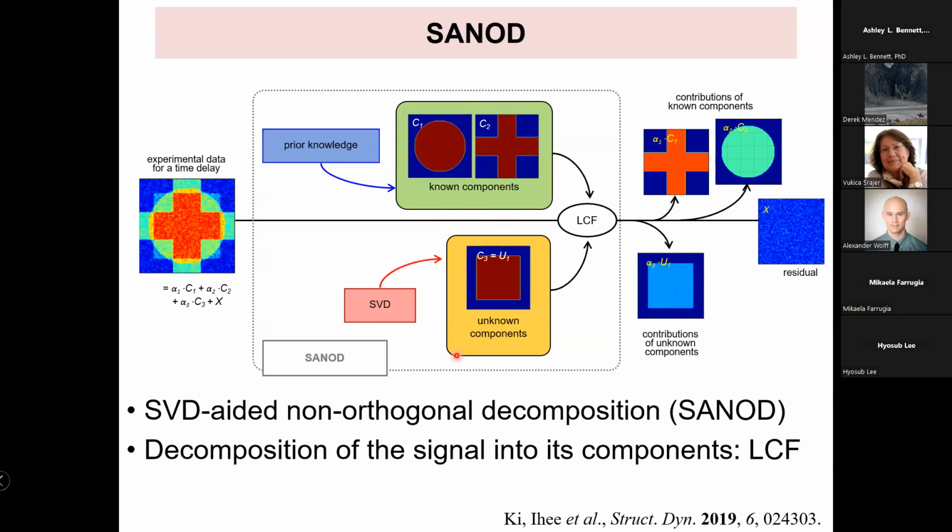Also, in the SANOD method, you can determine the time traces of the unknown signal components too. For that purpose, we need to do SVD analysis to complement some unknown information for this LCF. Let me explain more details in the following slides.